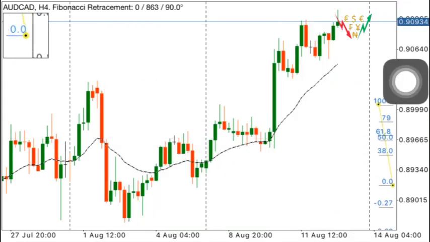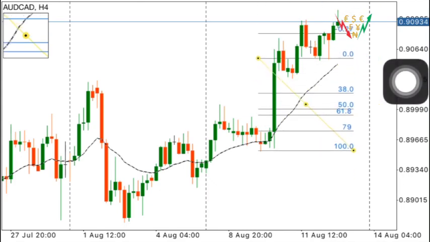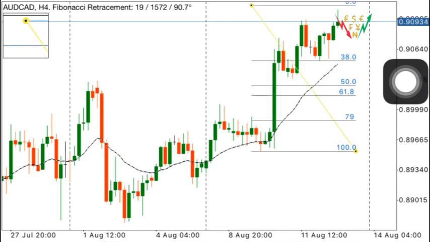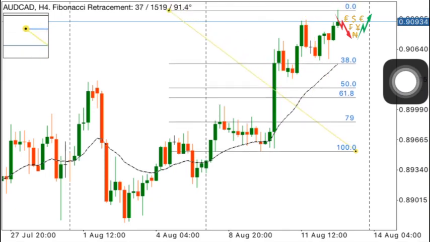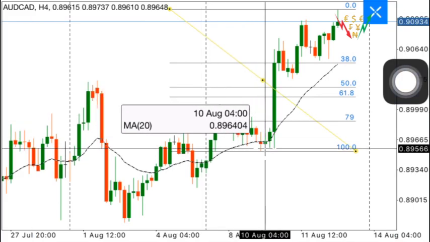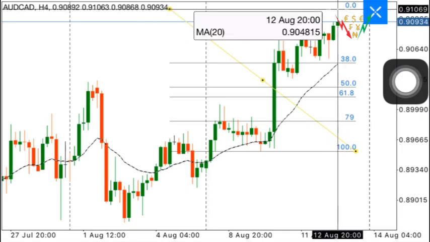So let's see where we can plot our areas of interest and see how price will react to it in the coming week. If we plot this way down here, now we have our trading range from this impulsive move to the upside to where the price currently is.